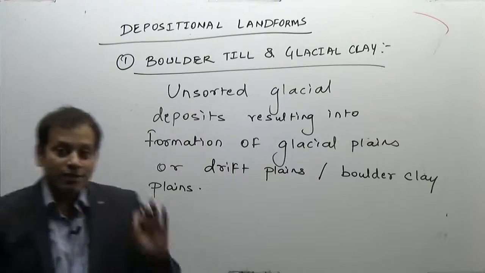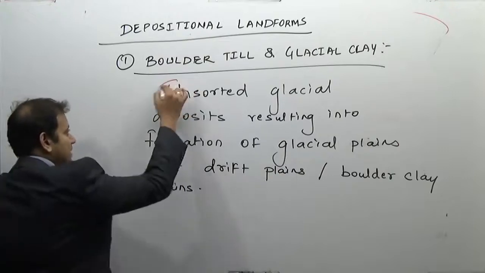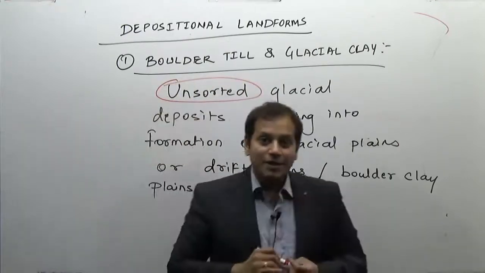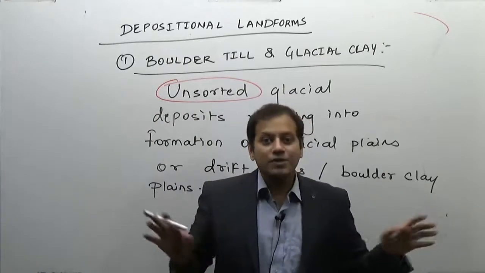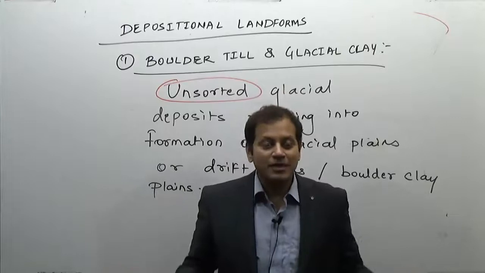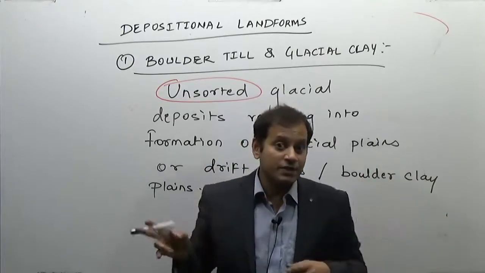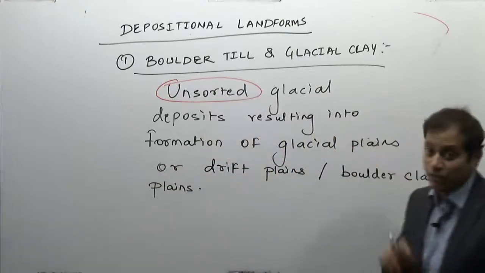Now look here from the exam point of view where you have to focus. First you have to focus that these are unsorted. Why do we have to focus that these are unsorted? Because water engages in sorting. Wind does not have that much erosive power that it will carry very large sediments. It is only the glacier which has so much erosive power. So water engages in sorting.